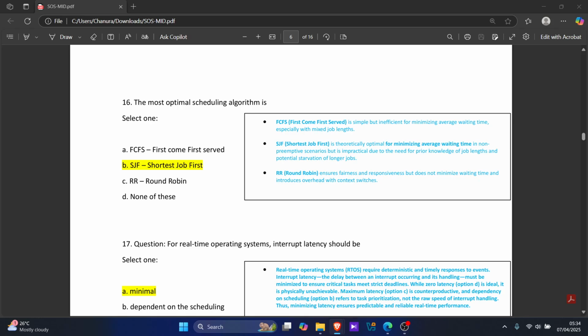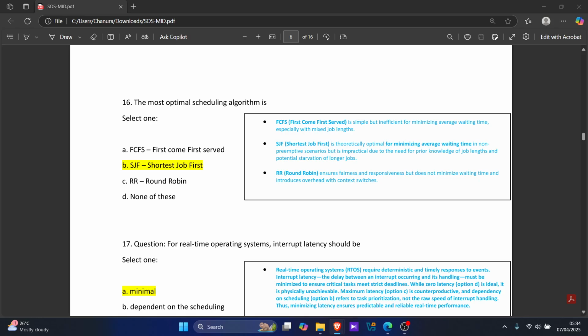But the question doesn't specify the metric, which is a problem. Typically, when people refer to optimal scheduling algorithms without context, they usually mean in terms of average waiting time, which would be SJF. But if the answer is none, maybe the intended reasoning is that in practice, there's no single optimal algorithm. Or perhaps the question is considering that SJF isn't practical or can't be implemented.